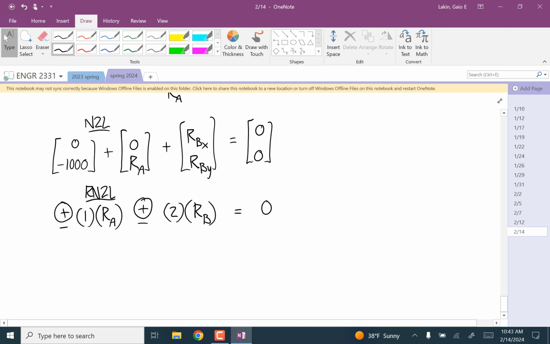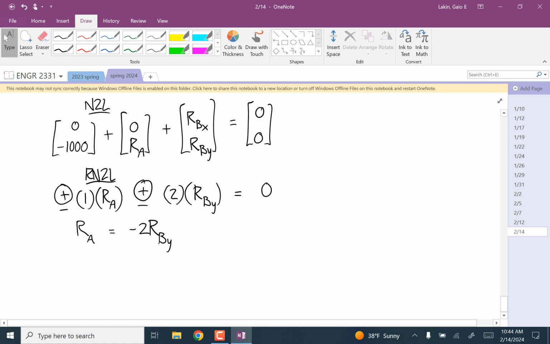So we have RA is equal to negative 2 RB. This is RBY, by the way. Okay, and now we can solve this. Let's see. From the y equation in Newton's second law, we have negative 2 RBY plus RBY is equal to 1,000.